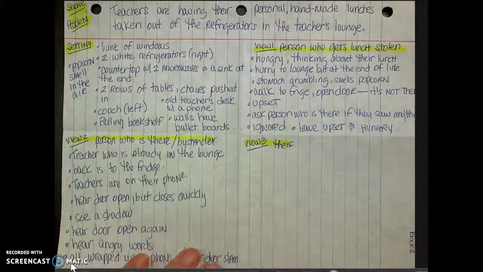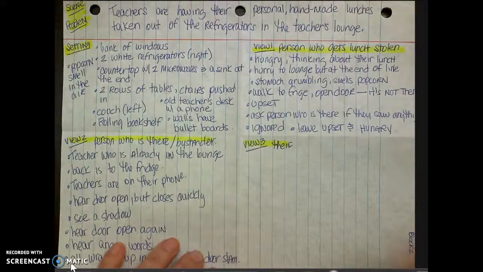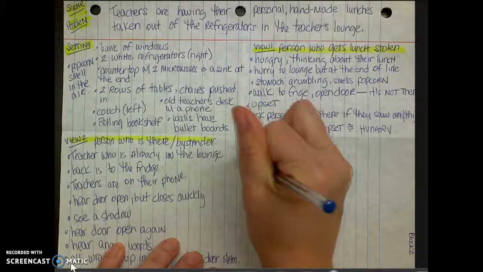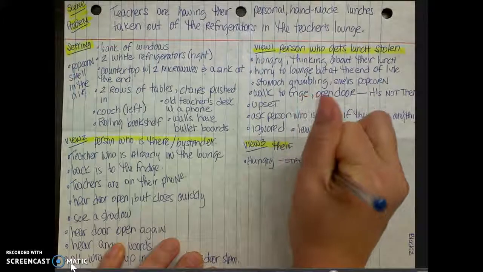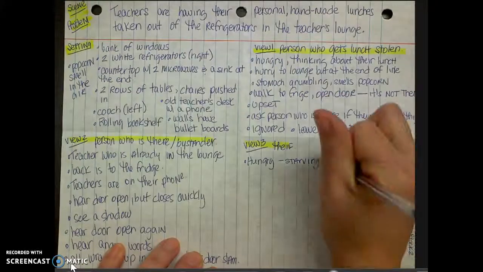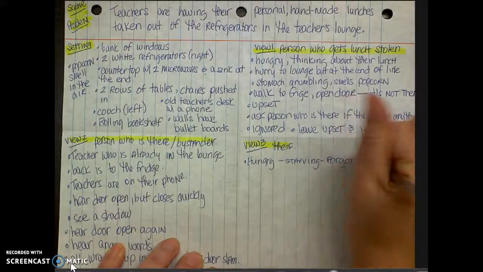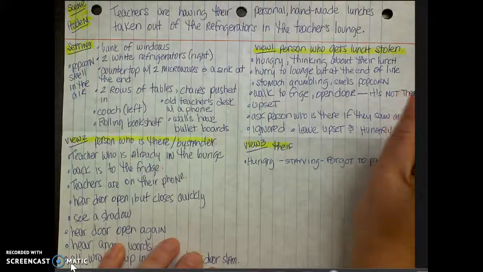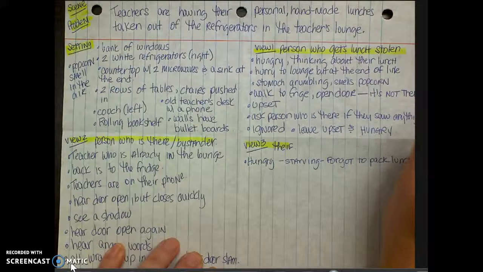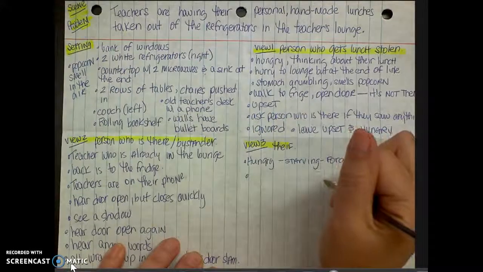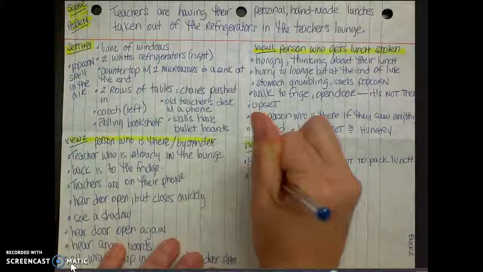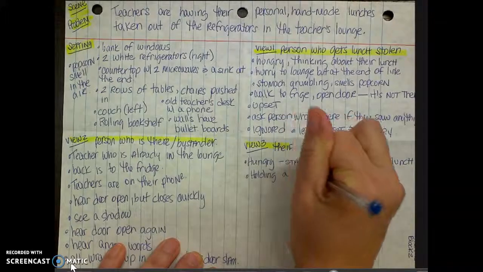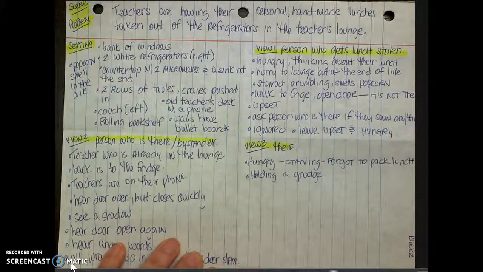Okay, so let's talk about the thief, shall we? So they're probably hungry, starving. They forgot to pack their own lunch. Maybe they're holding a grudge because they lost at the debate. This is purely just speculation on my part.